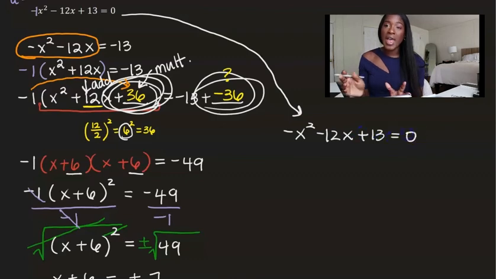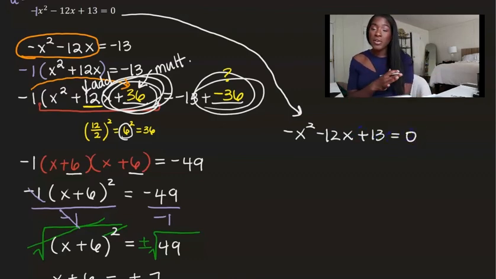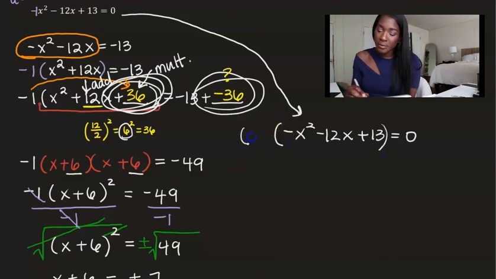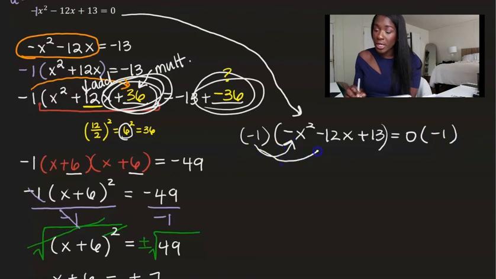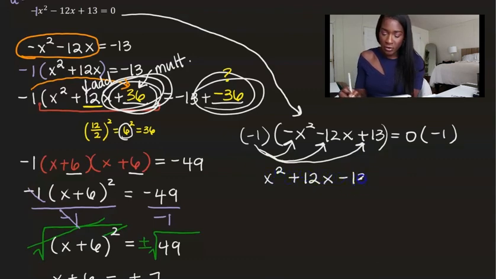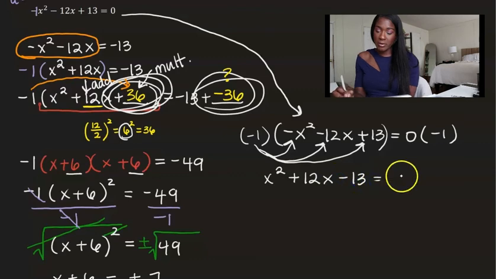We could have avoided that by starting this equation off and multiplying everything through by negative 1. So multiplying both sides of this equation by negative 1. Make sure you're distributing that negative 1 to all three of the terms on the left side though, which would leave you with a positive x squared, a positive 12x, and a negative 13. And it would still leave you with 0 on the right side.